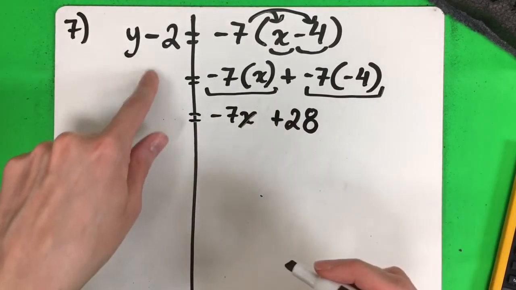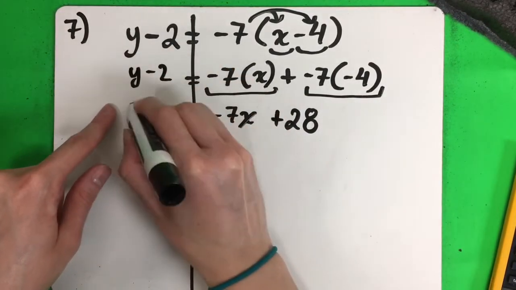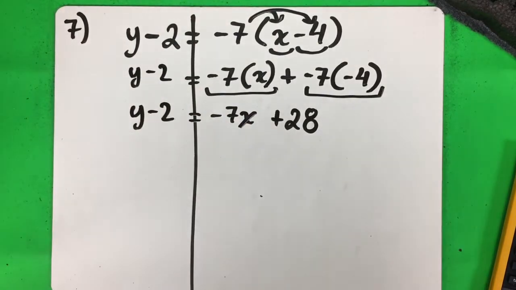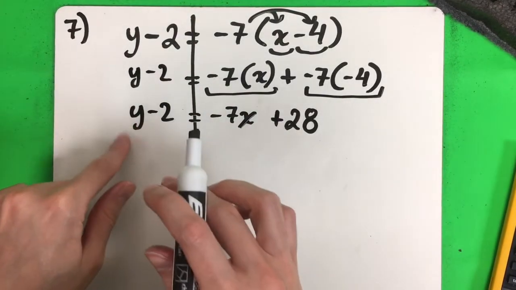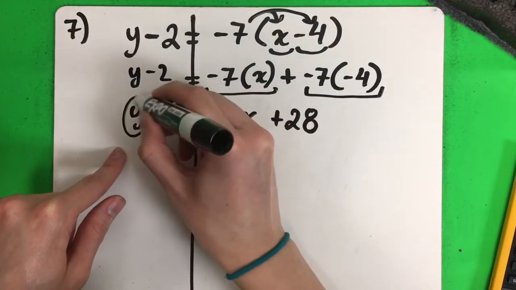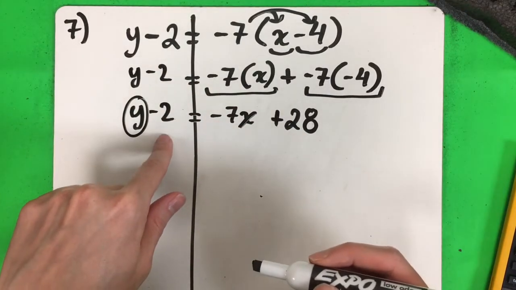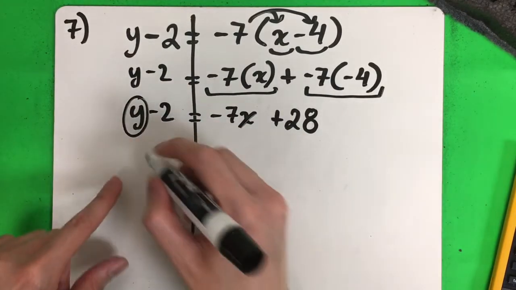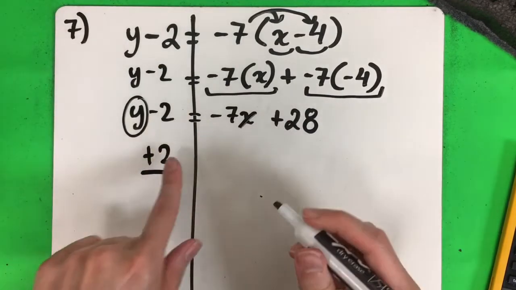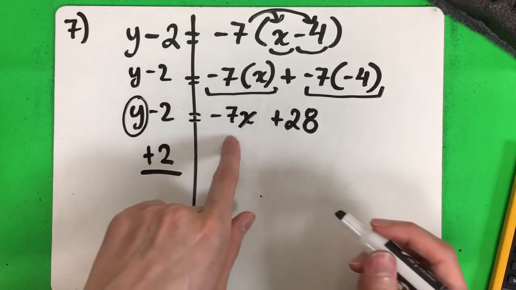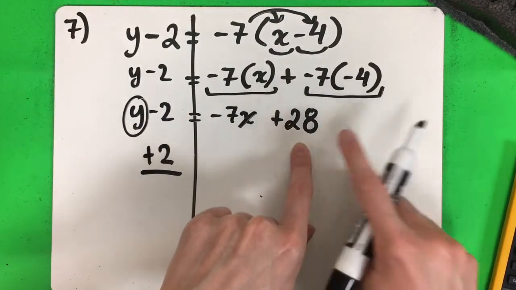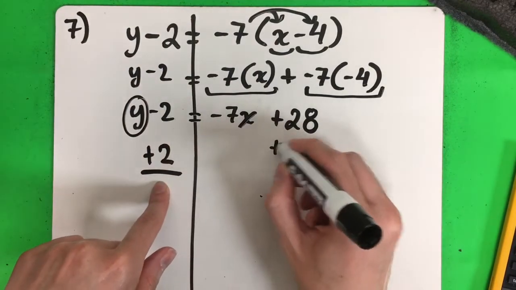Now we're going to have to copy this here. So y minus 2, y minus 2. Now remember slope-intercept form, you want y alone. What number is with y? Minus 2. The opposite of minus 2 is plus 2. No letter here, so you need to put it with the no letter. So plus 2.